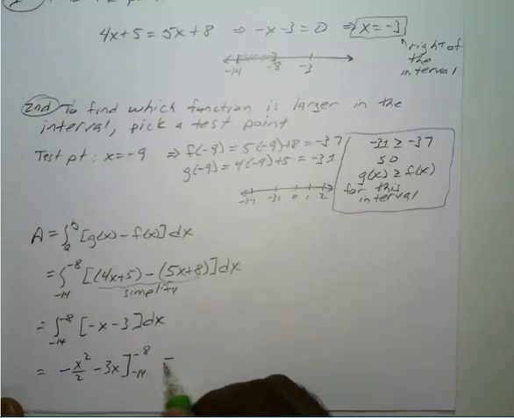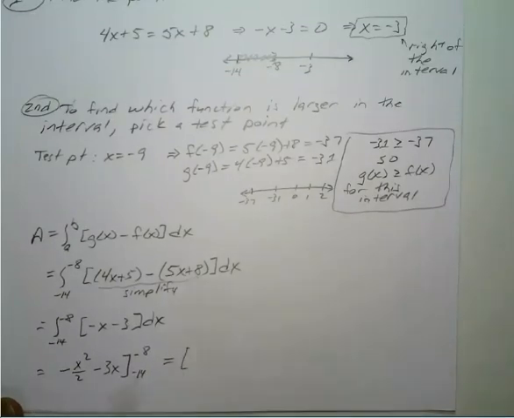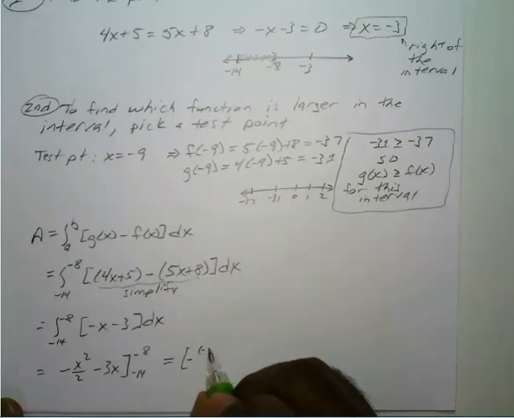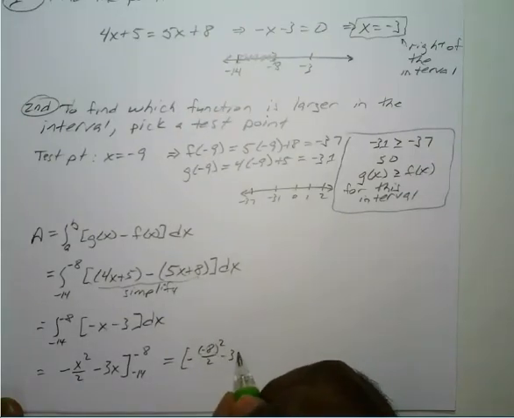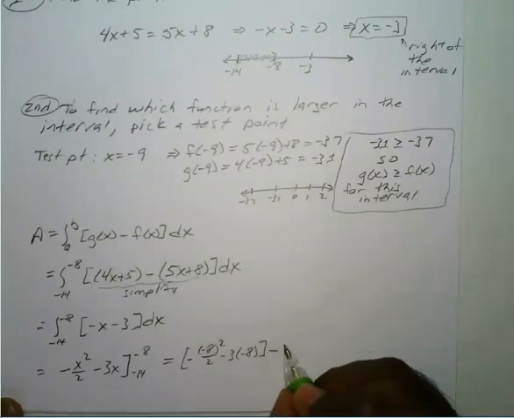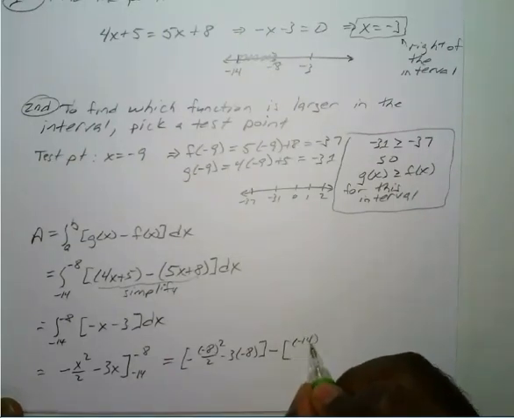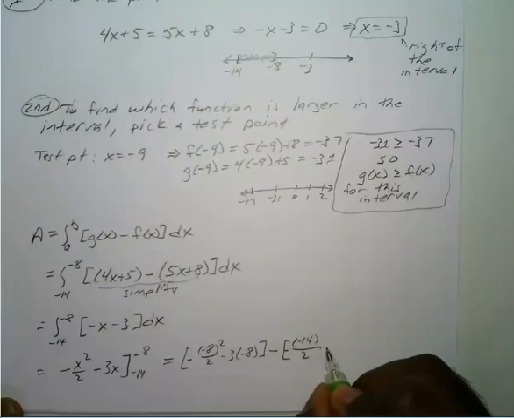So we go ahead and use our fundamental theorem. We plug in our negative 8. So we have negative 8 squared over 2 minus 3 times negative 8, minus, now we plug in our negative 14, negative 14 squared over 2 minus 3 times negative 14.